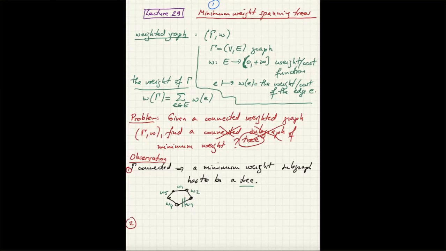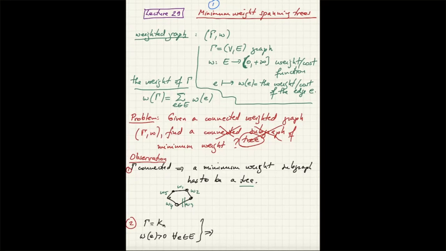Well, let's consider the graph, like I mentioned earlier, gamma equal Kn, and let's say all the weights of every edge are positive. Then how many trees are we looking at?